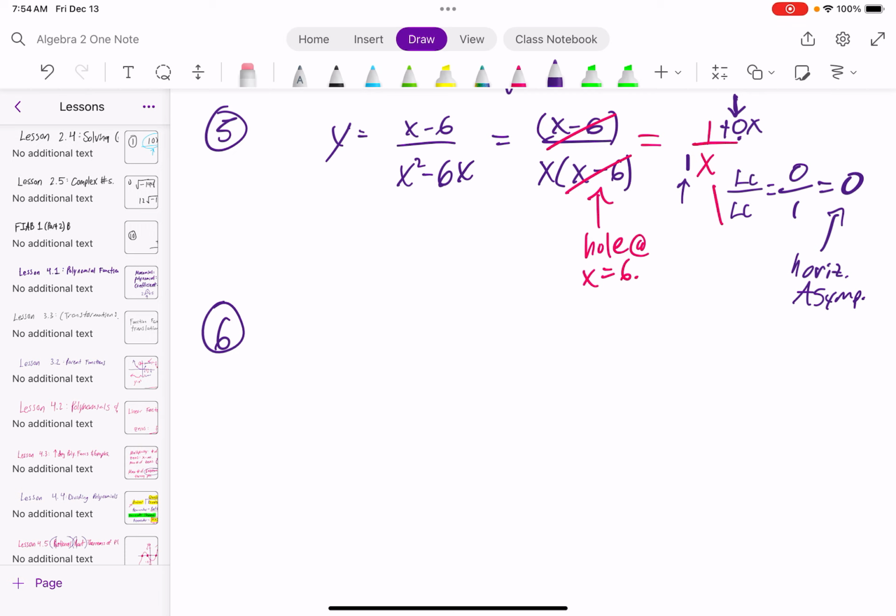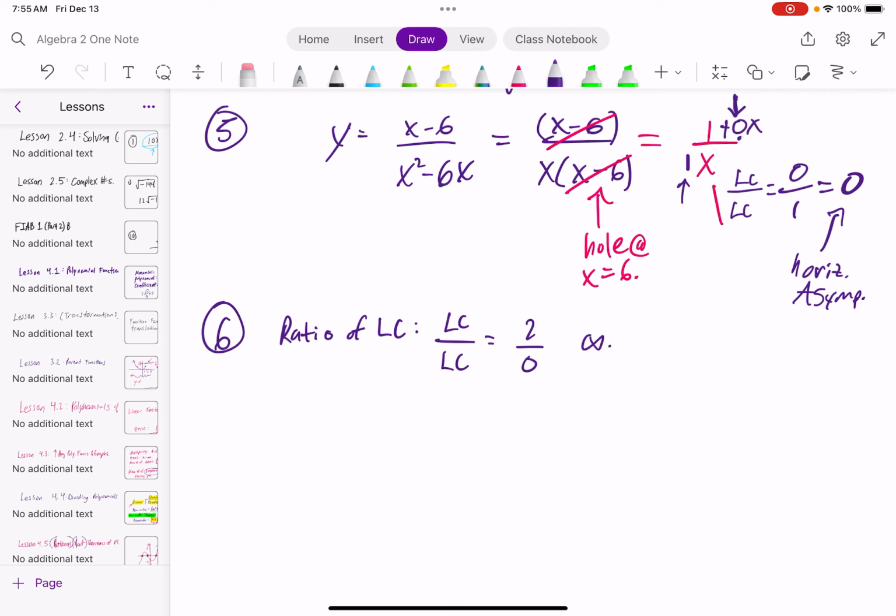For example, if the ratio of leading coefficients, the LC over LC, had the top one being 2 and the bottom one being 0, then it cannot occur, because this is infinity.